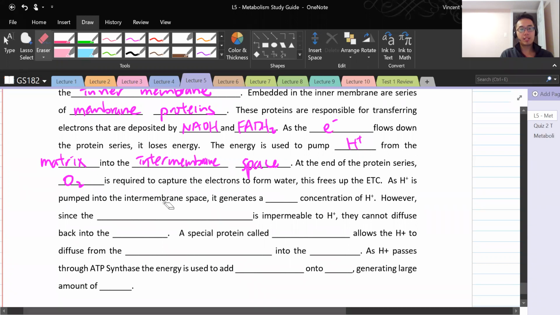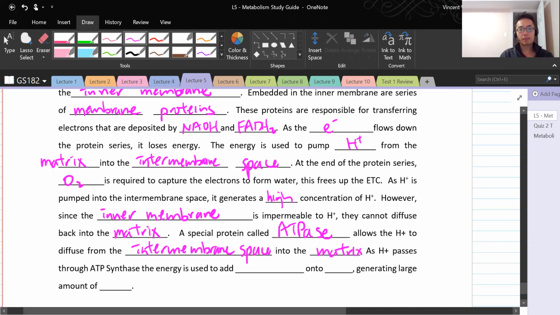As H+ is pumped into the intermembrane space, it generates a high concentration of H+. However, since the inner membrane is impermeable to H+, they cannot diffuse back into the matrix. A special protein called ATPase allows H+ to diffuse from the intermembrane space into the matrix.